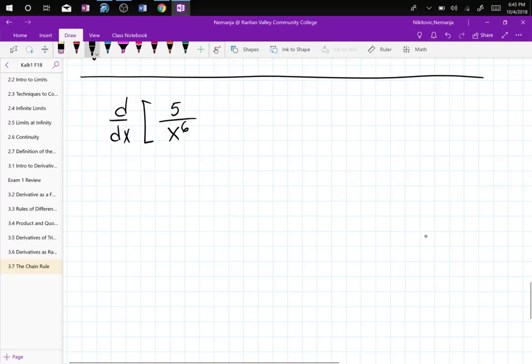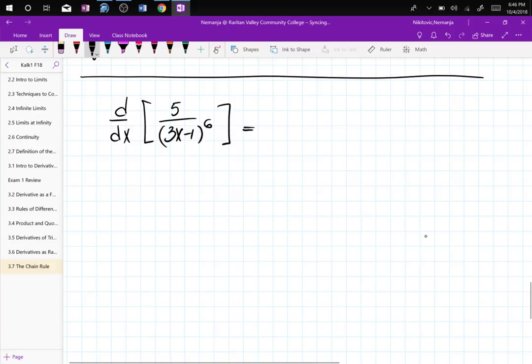I'm trying to see how I can make this worse. Oh, I know. Here. 3x minus 1 to the 6th power. Beautiful. See? It worked out.